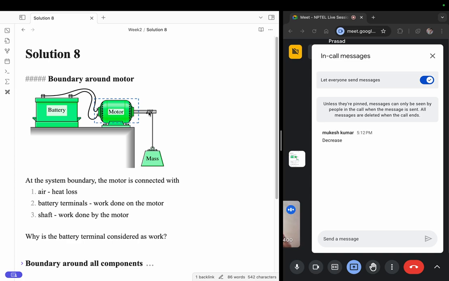So the definition of work is that. If you do anything that can be converted into raising of a weight, you consider that as work. This is a very straightforward form of it. The shaft is rotating and the mass is raising, which means this is work. If mass is raising upwards, then it is work done by the system. If mass is going downwards, that is work done on the system.